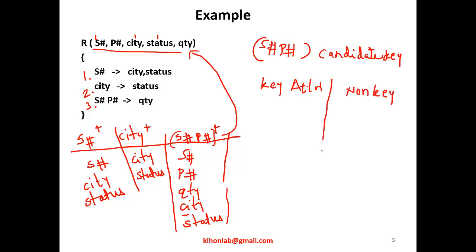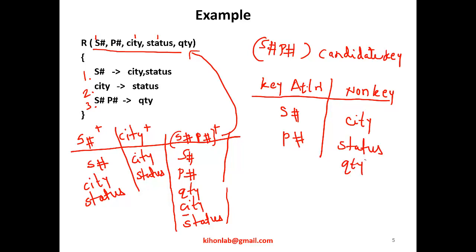S# P#, the candidate key, acts as the key attribute, and the rest of the attributes, which are not part of any of the keys, act as non-key attributes: CT, status and quantity. So this is one example where we are able to find the key attributes. So the candidate key we have found.